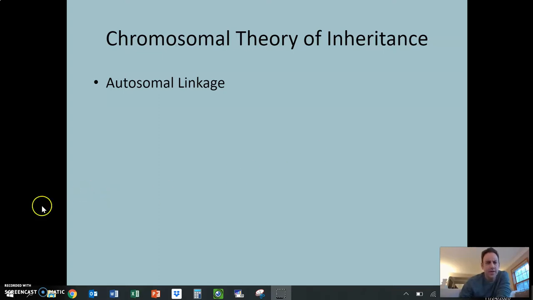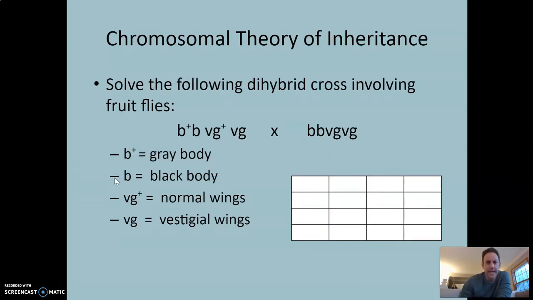And we're going to start with a problem, and it's a dihybrid cross involving fruit flies. Don't be troubled too much by the symbols. Basically, B is coding for body color, so gray or black. The wild type is gray. That's what most fruit flies are, but then there's this variety of black colored.